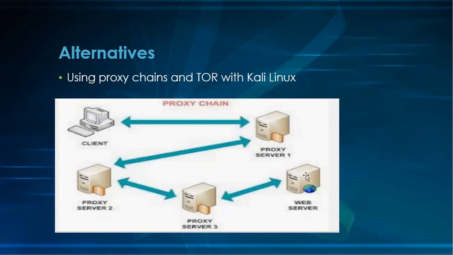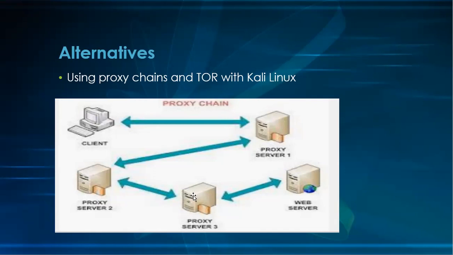So if someone was doing an investigation from this web server and they wanted to know what the source IP address was, that would trace them back to proxy server 3. Let's say they gain access to proxy server 3 and they're able to look at the logs.